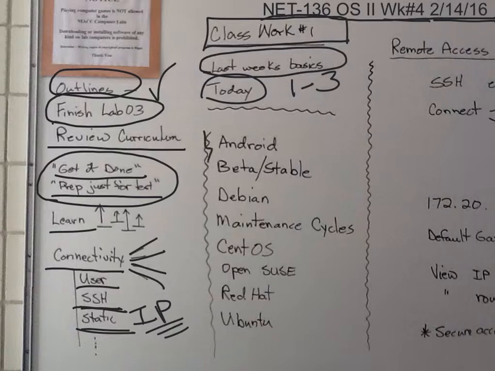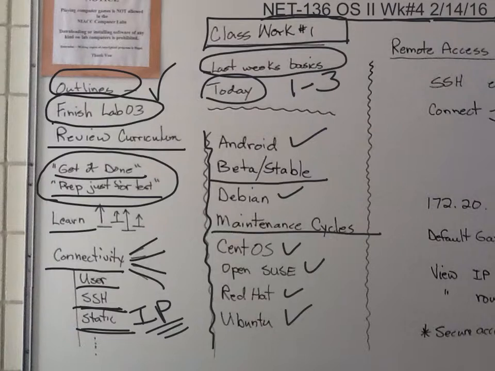In the first chapter, we did a little review. We talked about Android. We talked about the difference between a beta or a stable version, and then the different distributions and so forth. And maintenance cycles, how important it is to know how long the maintenance cycle is going to be, whether you use a version like that for a server.